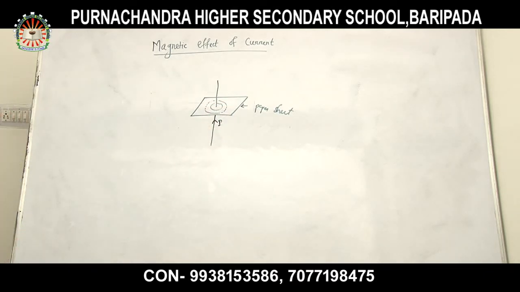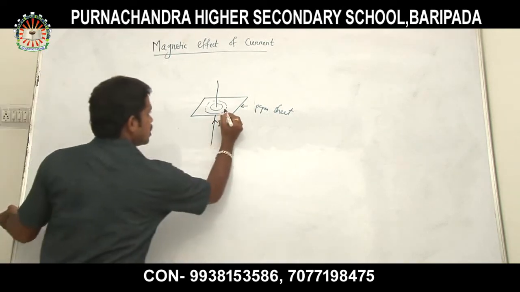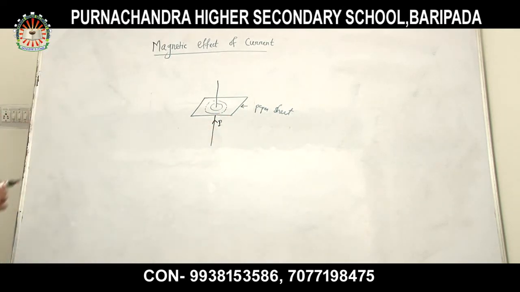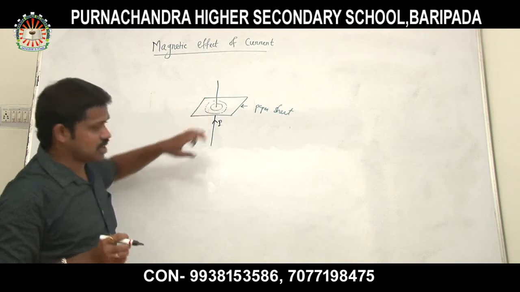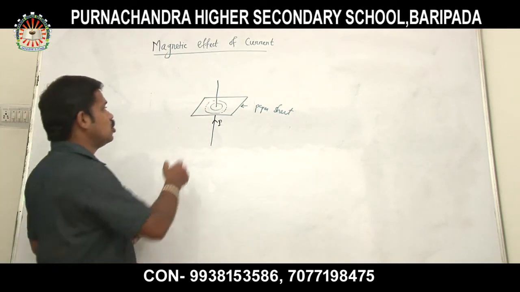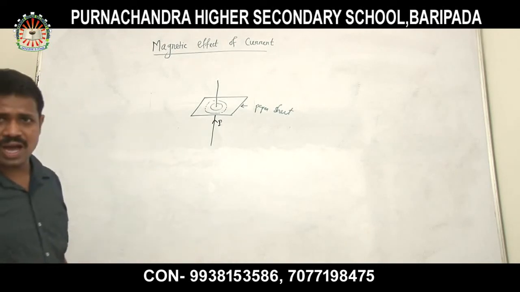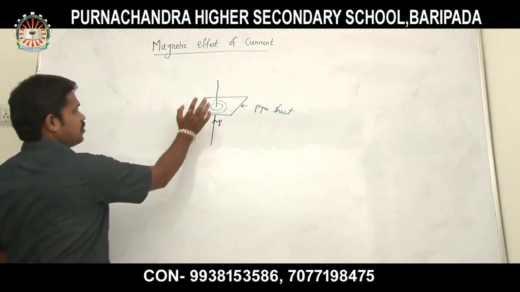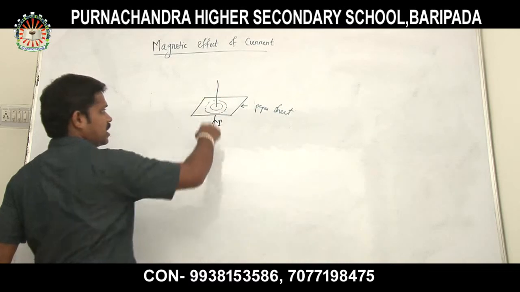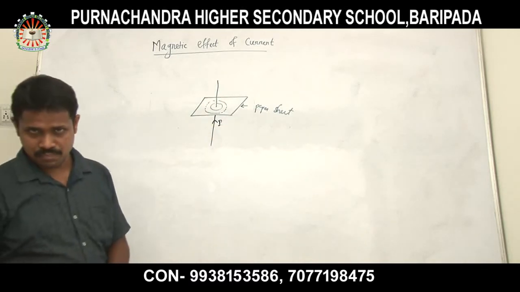Why? Due to the effect of the magnetic field, the iron filings make concentric circles.